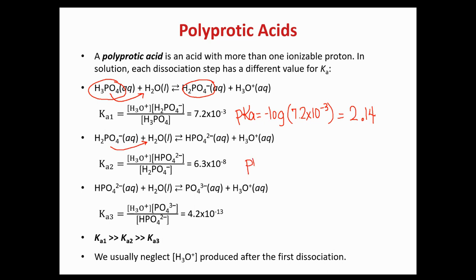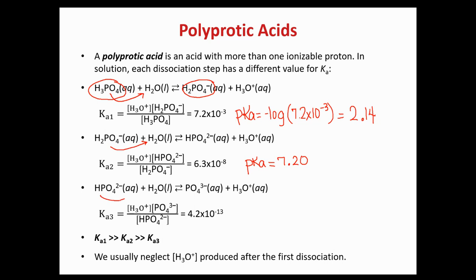And we could get the pKa value for that. I believe it's 7.20. Let me just double check that. So we're going to take the negative log of 6.3 times 10 to the negative 8.